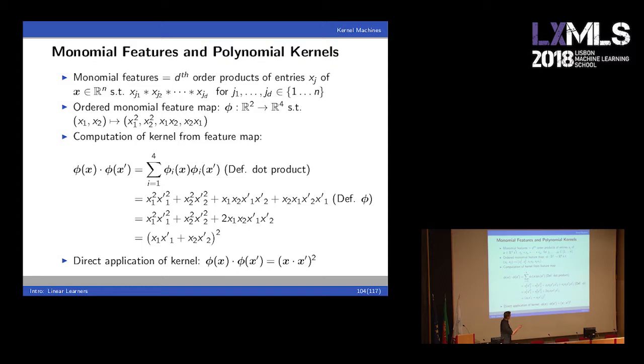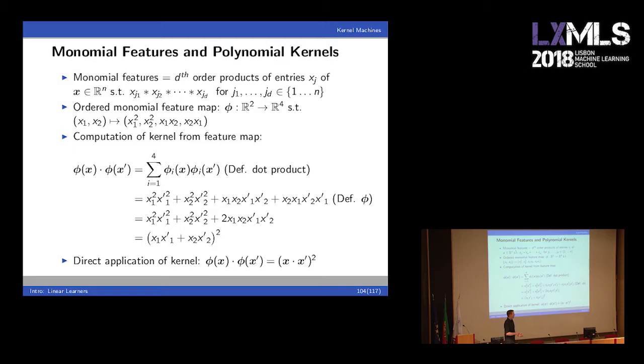This example is instructive because on the next slides I want to show that there's a general theorem that tells you that for every kind of kernel, which is just a dot product where you do something to it, like square it or something else, there is an implicit feature representation, and it is more powerful than your original feature representation.